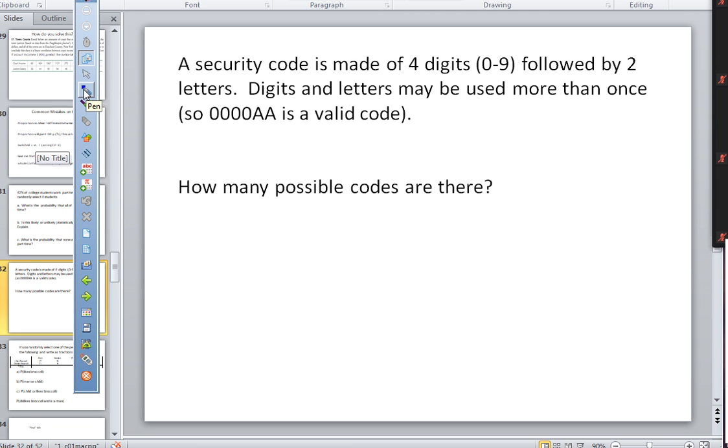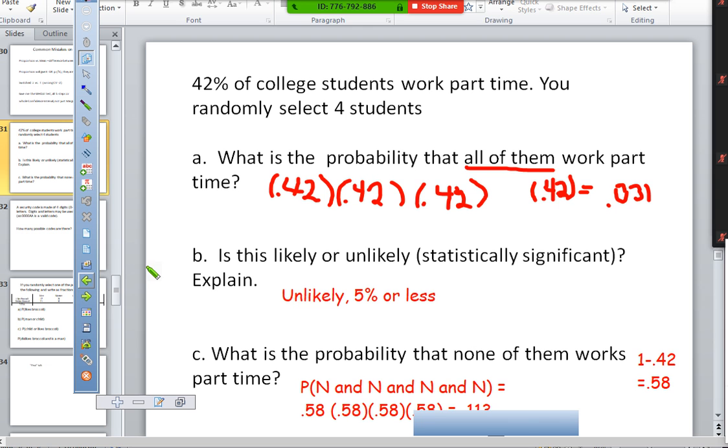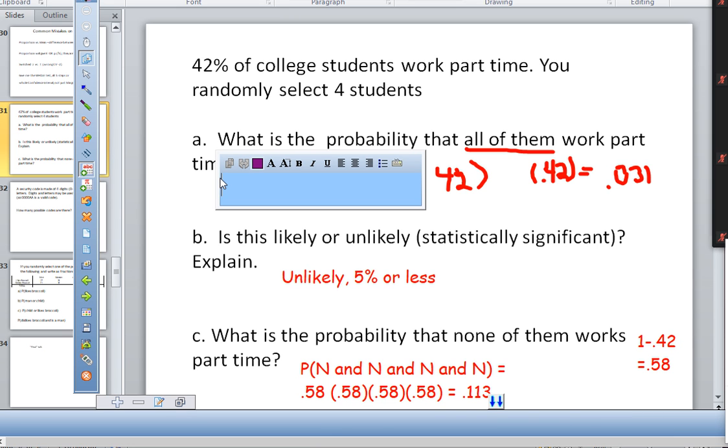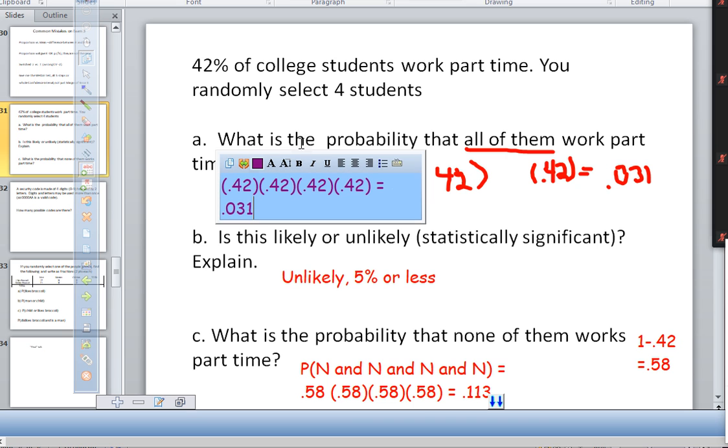Before we go into the room, can you go back to the slide before this? Yes. I'll go ahead and type this better: 0.42 times 0.42 times 0.42 times 0.42, which equals 0.031.